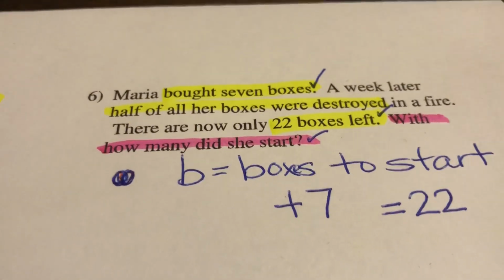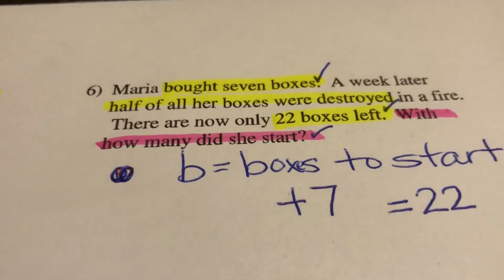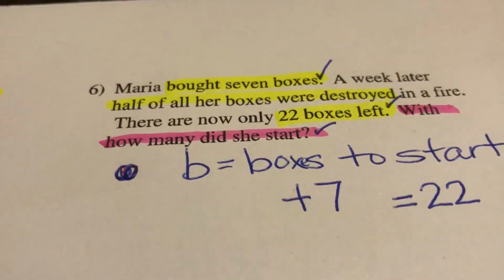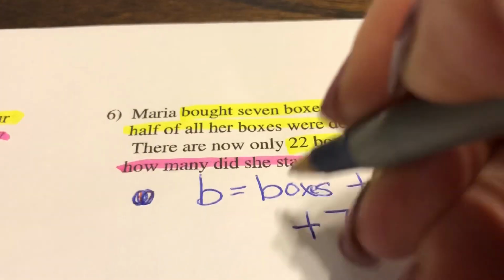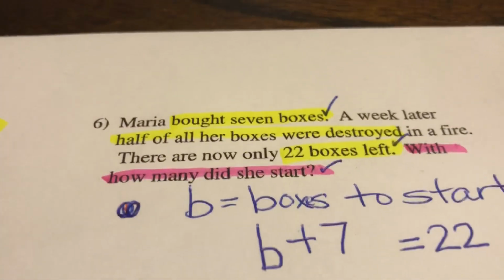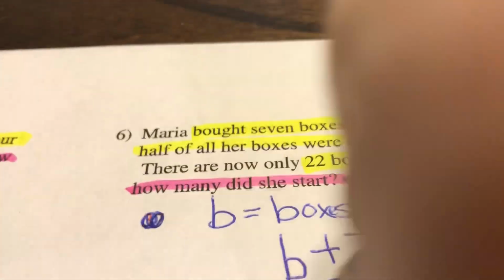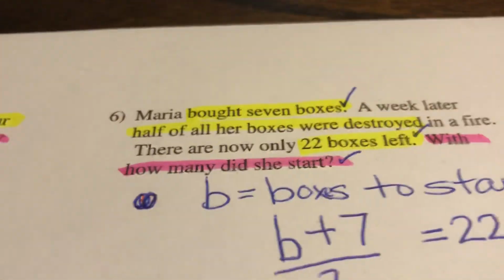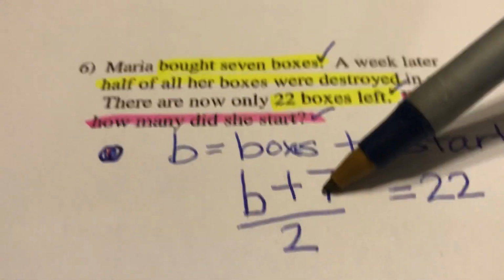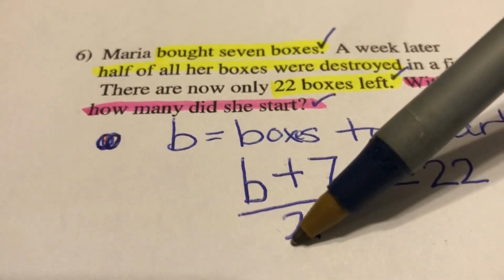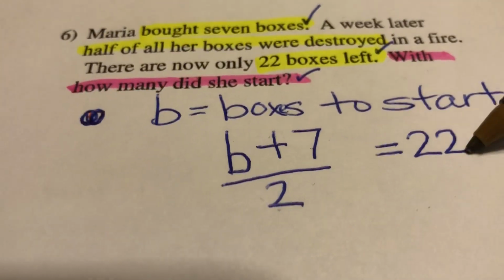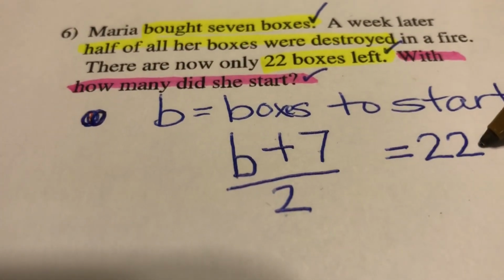So all of her boxes would not just be that 7, it would be the boxes she started with plus that 7. So I'm going to do B plus 7. And I know that half is the same thing as dividing by 2. So that's going to be my equation. B plus 7, which would give me all of her boxes, divided by 2, which would be half of them, would leave her with those 22 boxes.